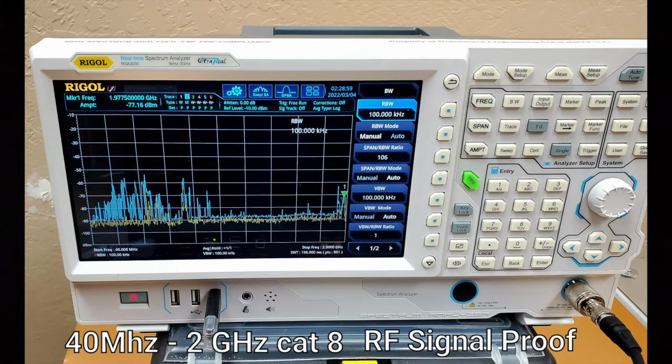What you're looking at here is the RF signal proof. Now on this, I'm using a spectrum analyzer, and all it's telling me is that you are truly seeing these frequencies coming through. Of course, where the frequencies are similar on a spectrum analyzer, they do what's called blooming.